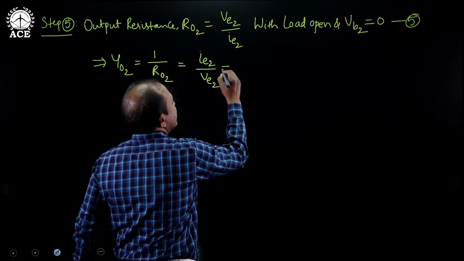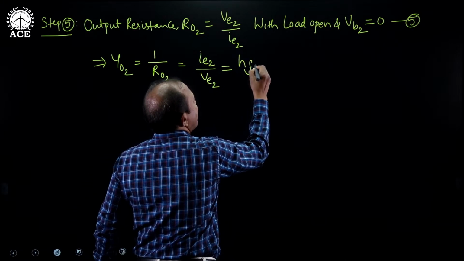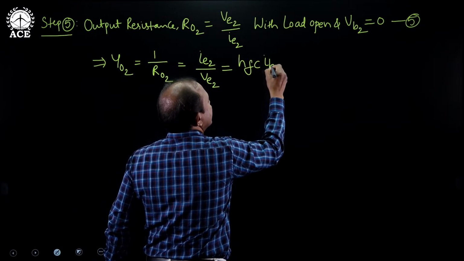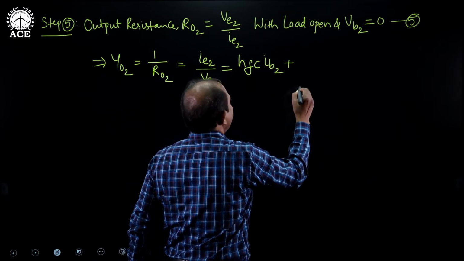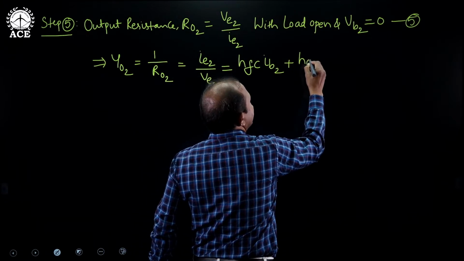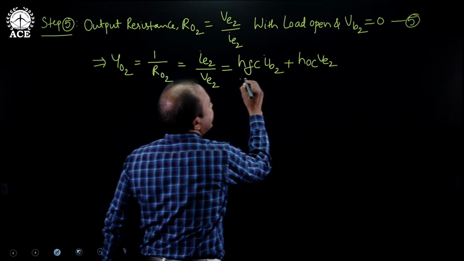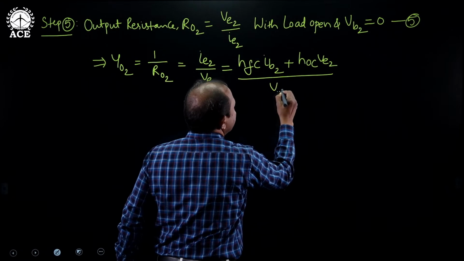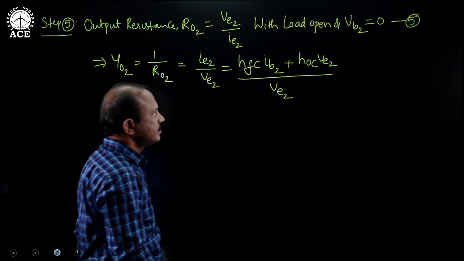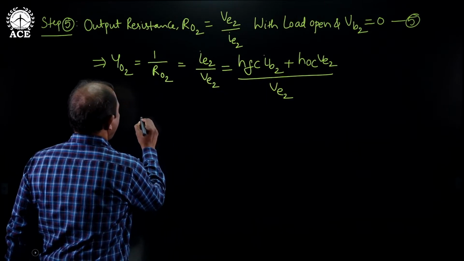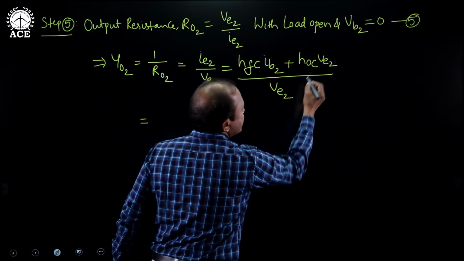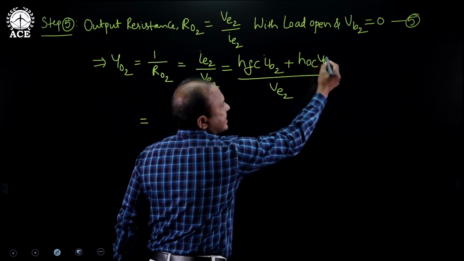So this is HFC IB2 plus HOC VE2. This is for IE2. By VE2 as it is, let us substitute. This gives us, I will write the second term first because VE2 gets cancelled in the second term.